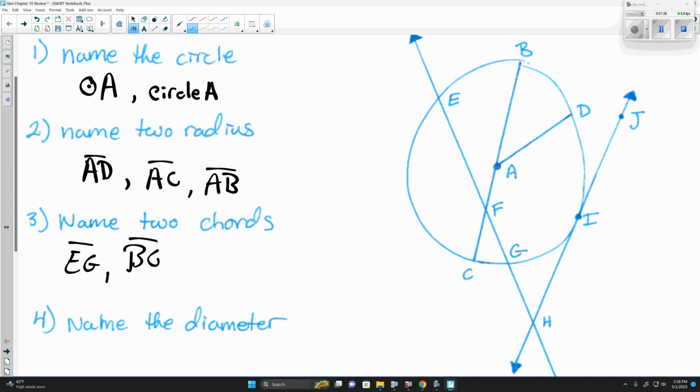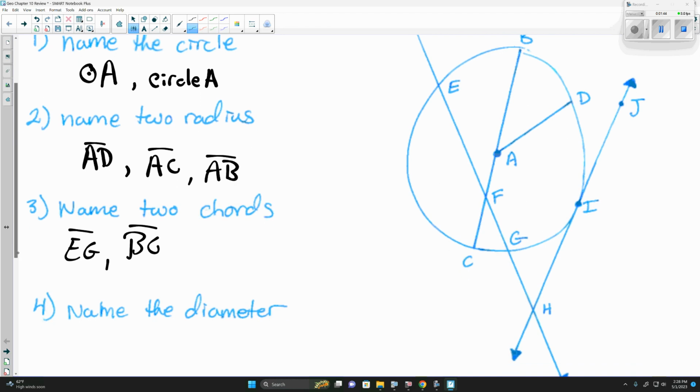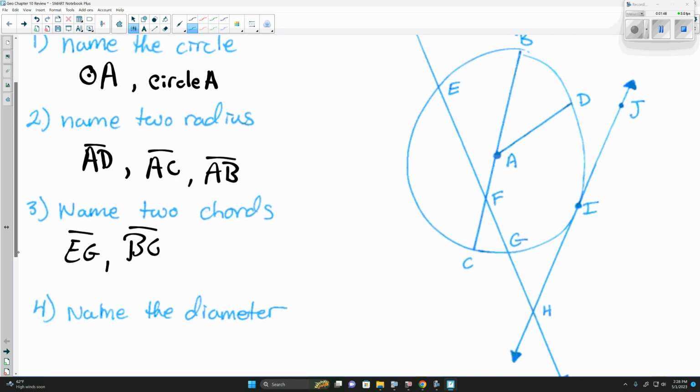It has to be on the circle. AD would not be a chord, because A is not on the circle. A chord is 2 points on the circle. Both points have to be on the circle, yes, not in the middle.